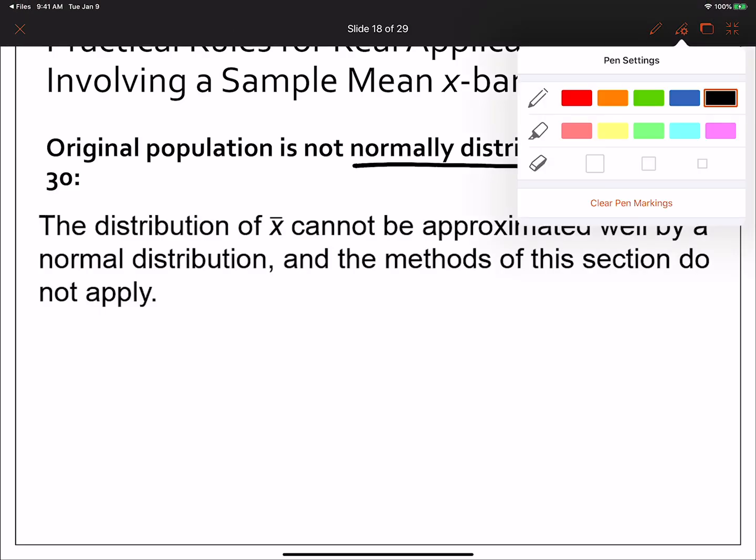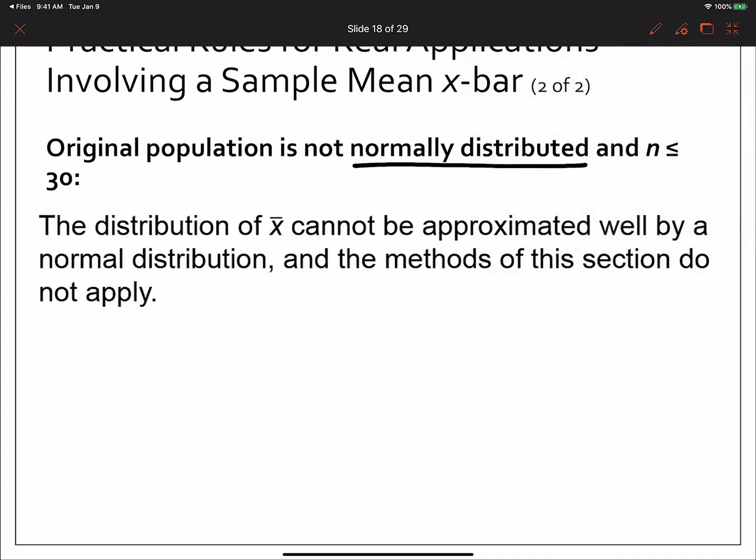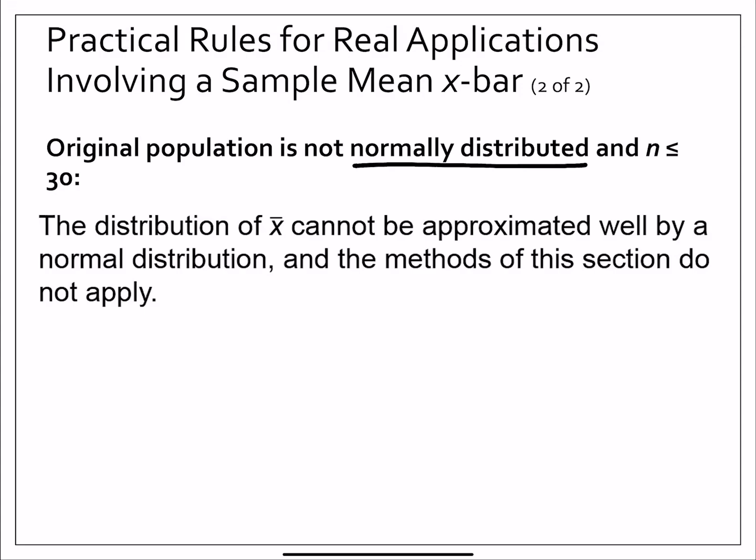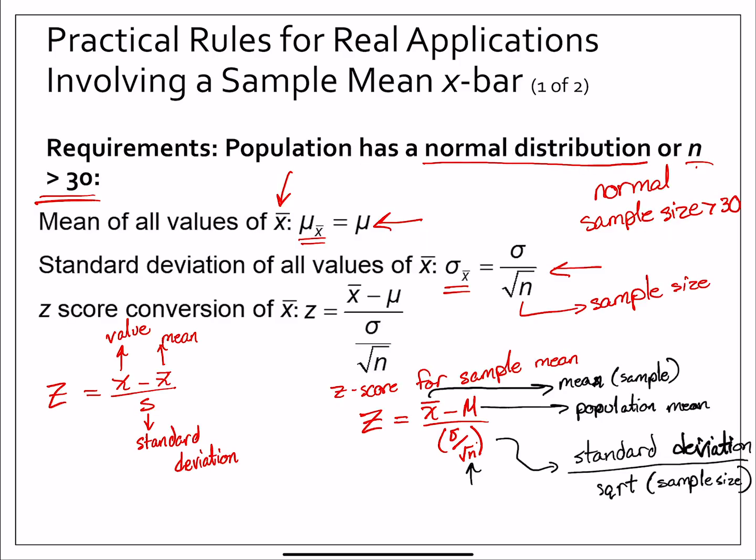We can't do any of the stuff that we're talking about here. None of it applies. So you need to do a mental check: is our original population normally distributed, or is our sample size bigger than 30?